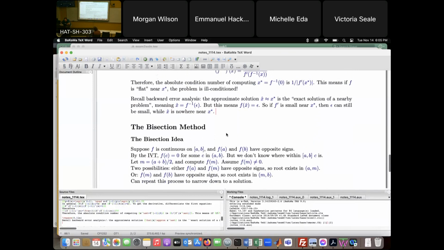The situation is this: we have some function f, we know it's continuous on some interval [a, b], and it's given that f of a and f of b have opposite signs. So your starting point is not just a given function, but you have an interval to work with. And f is known to change sign on the interval. And we need that for bisection to be used.